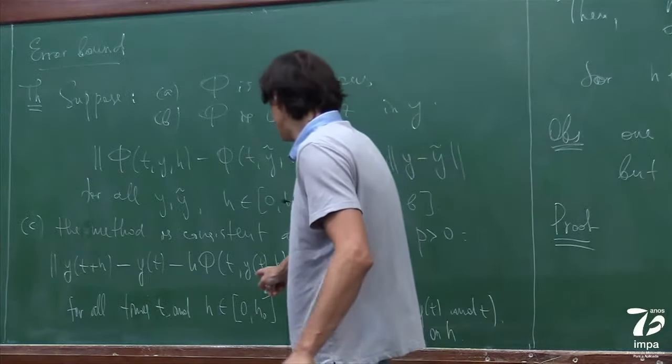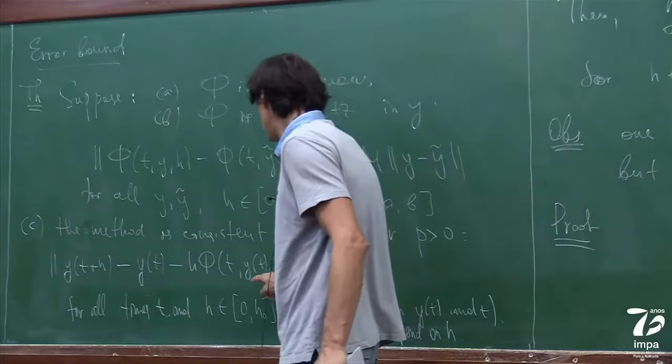So we have this. Let's give a name to this quantity. Let's just call it d. So let's take this quantity, but at each point, and call it d(t_k, y(t_k), h). So that's this expression.